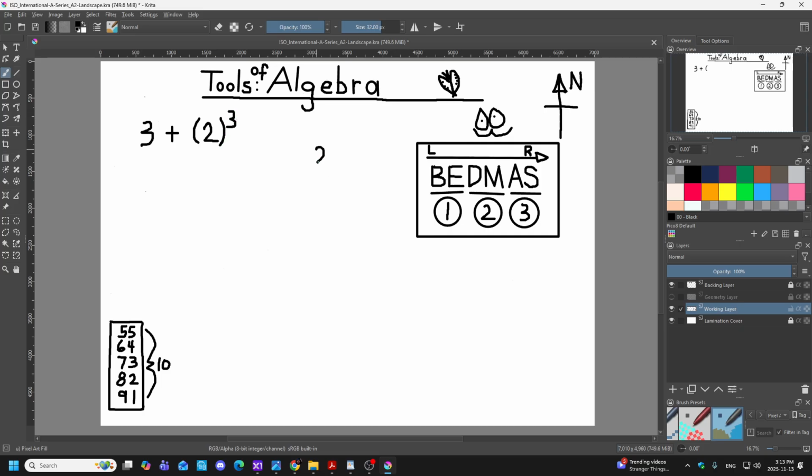Okay, they have 2 cubed. All right. 3 plus 2 cubed all over. I'm going to use brackets again to help clarify and organize in my mind what I am doing here.